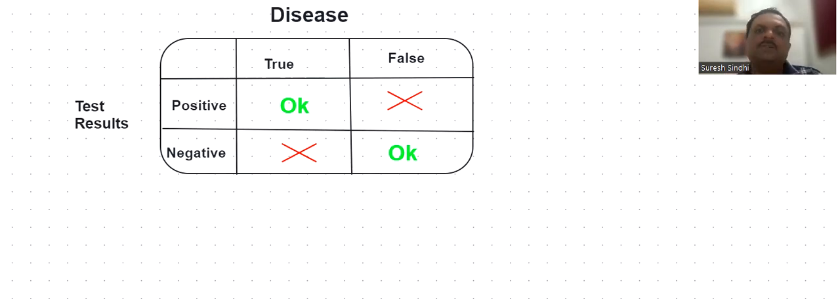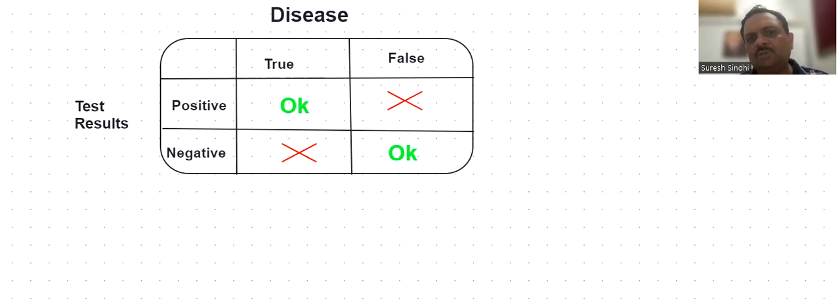Similarly, if a person is not suffering from any disease, but the test result is saying that he is suffering from a disease, that scenario we call a false positive. False means he is not suffering from the disease, but the test result is saying that he is suffering from the disease. Now remember, not all laboratory tests are 100% accurate at all times.